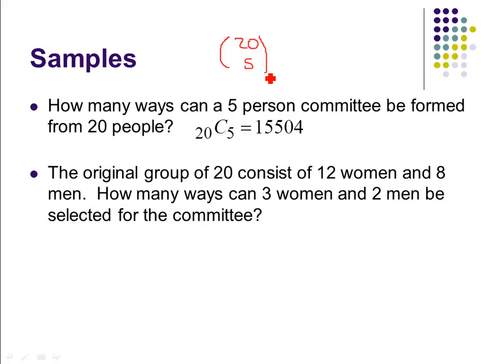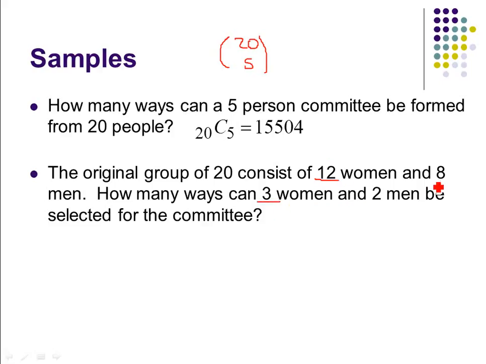Now, you may have probability problems, so we can do different kinds of things. I'm going to use the combination formulas now, the ones with the C, because it makes more sense and it's easier to work with when you see it with the C. I've got 20 people, and it originally consisted of 12 women and 8 men. For the committee, I want to know how many ways I can get 3 women and 2 men chosen. From the 12 women, I'm going to choose 3.